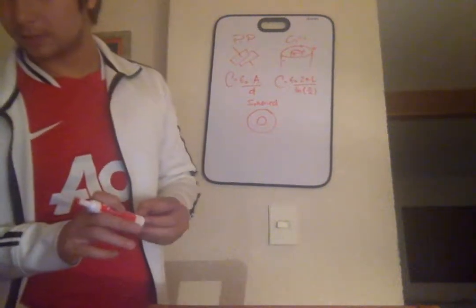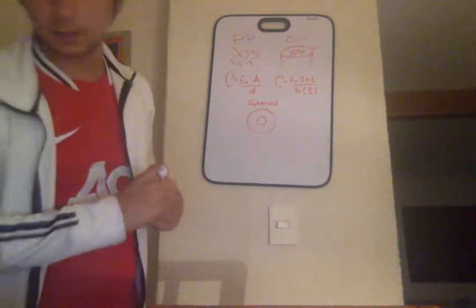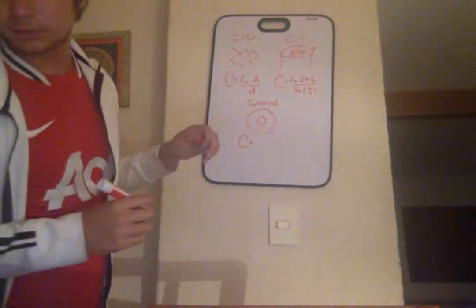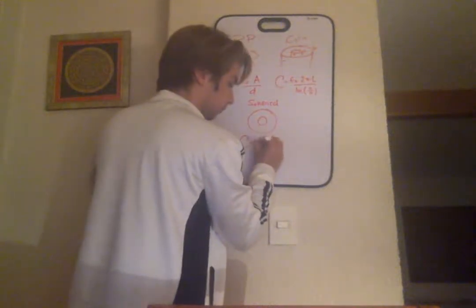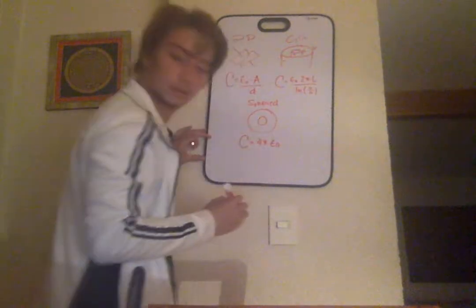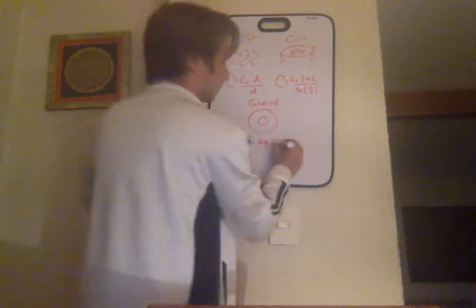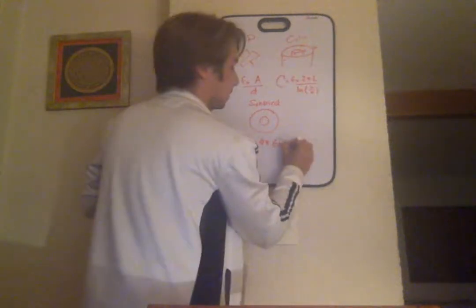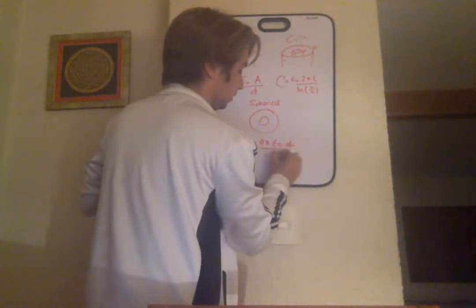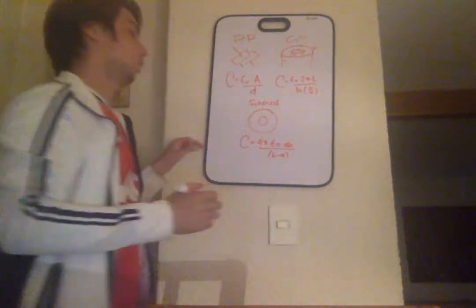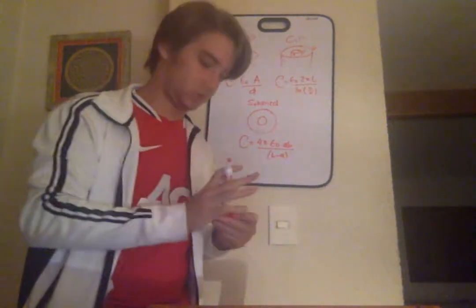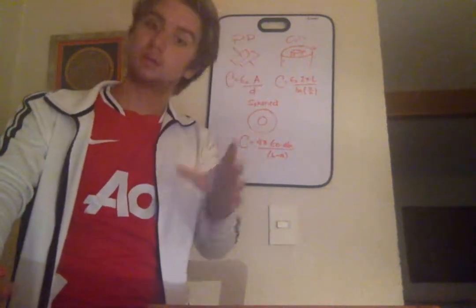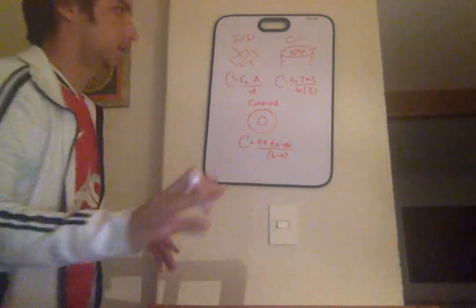And in that type of capacitor, we get that the capacitance is equal to 4 pi epsilon naught times A B over B minus A. So remember, these equations come from the electric fields particular to each surface, and we'll not try to explain that part.